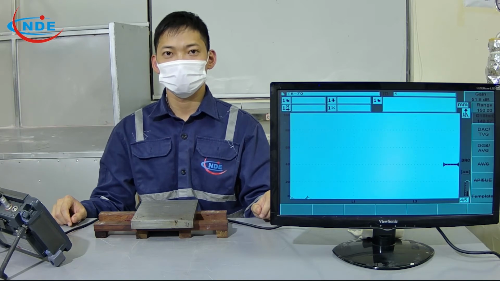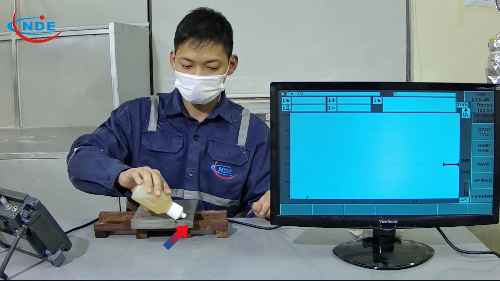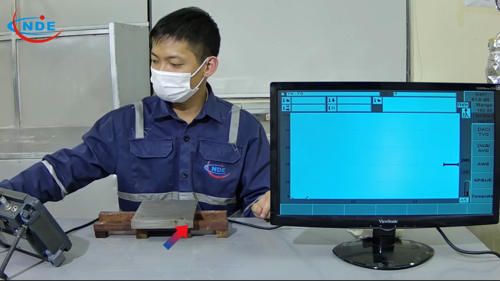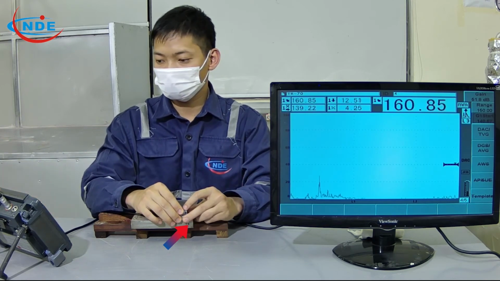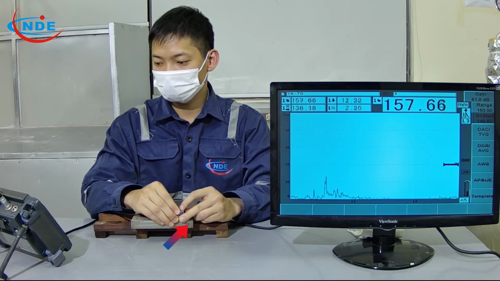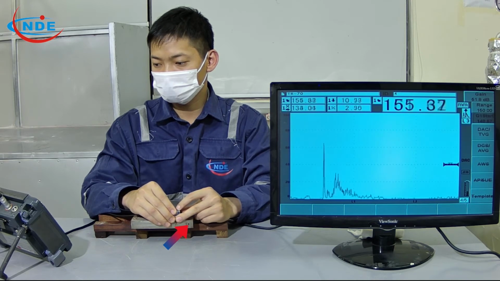Contact the probe to the DAC calibration block, toward the side drilled hole. Move the probe for achieving the maximum amplitude of indication from the side drilled hole.